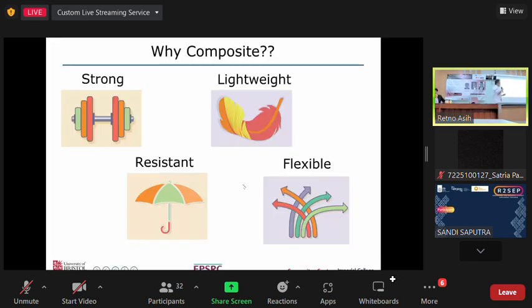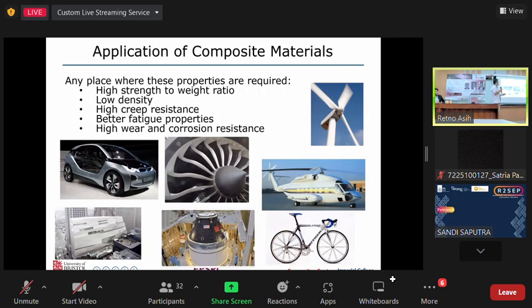Another advantage is that they are flexible, so we can shape them into different complex shapes, like the body of a car, the wings of an airplane, part of a drone, or the structure of a building. So that's why we use composites.